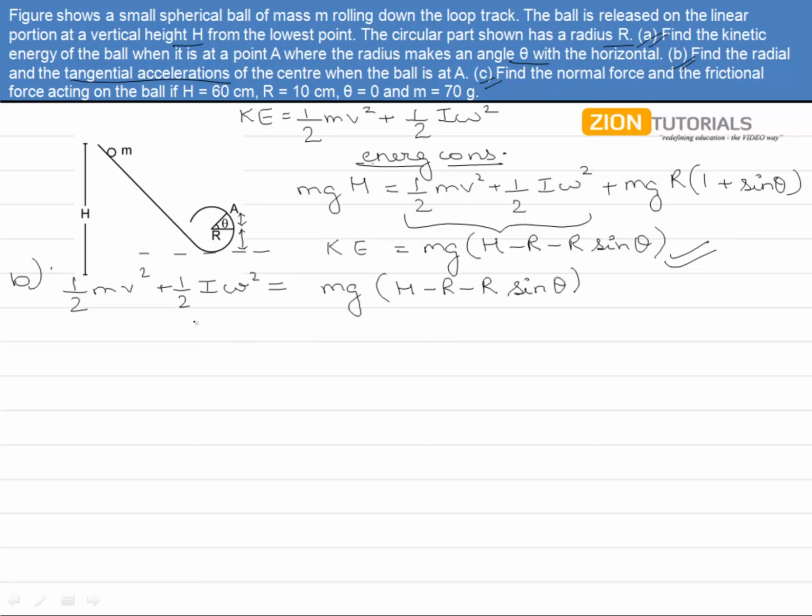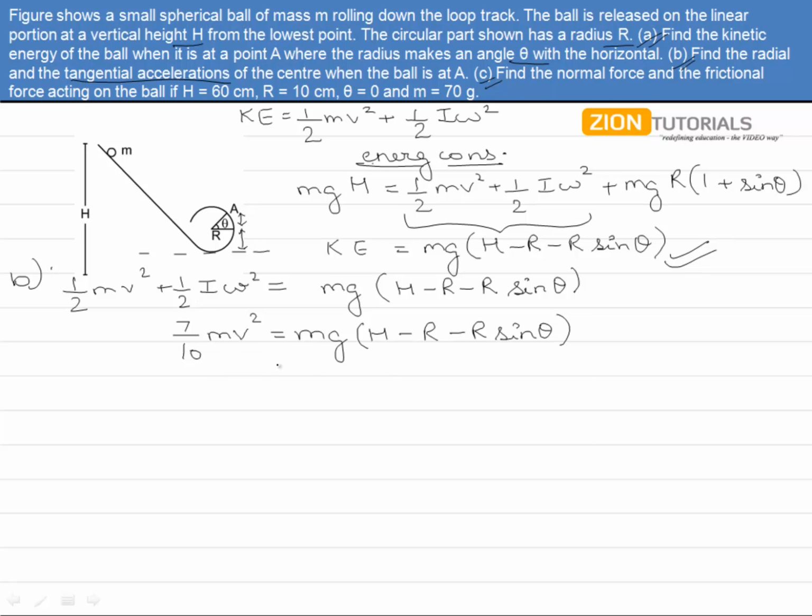That is, we have 7 by 10 mv squared equals mg into h minus r minus r sine theta. Now how did we get this? Because we took I, which is 2 by 5 mr squared. From there we got this.